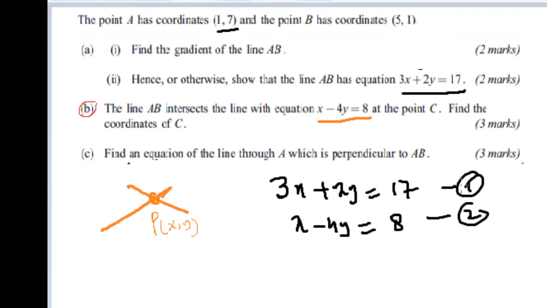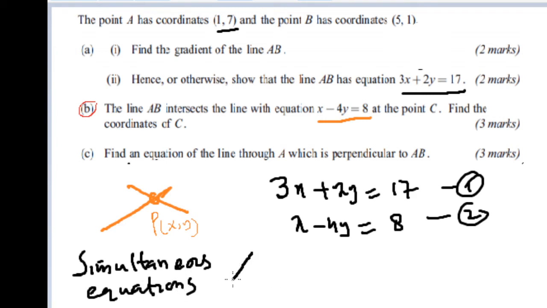Now just go back to Year 9. There you learned two methods for solving these equations, and you were calling them simultaneous equations. You used two methods there.